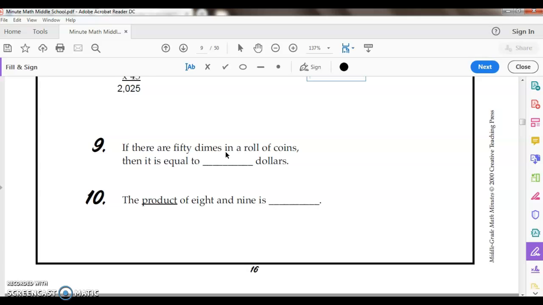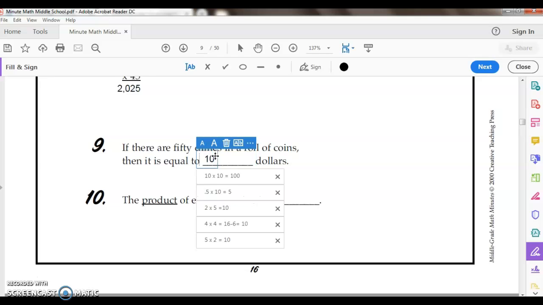So if you have 50 dimes, that's 5 of those, so it's going to be $5. Multiply that by 5, and you'll get $5. So the answer is 5.